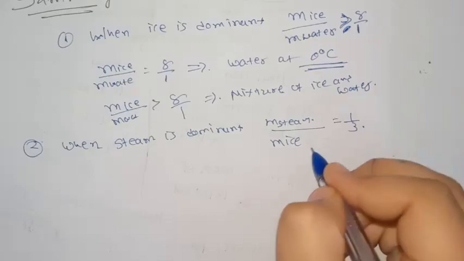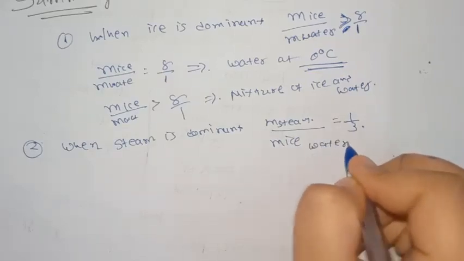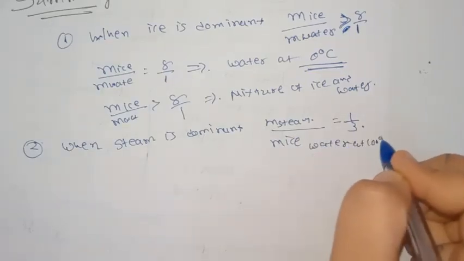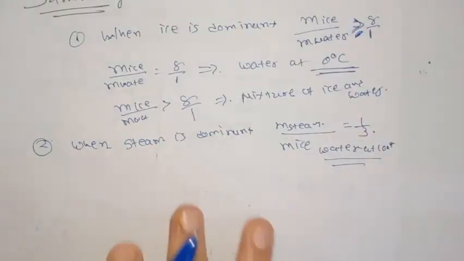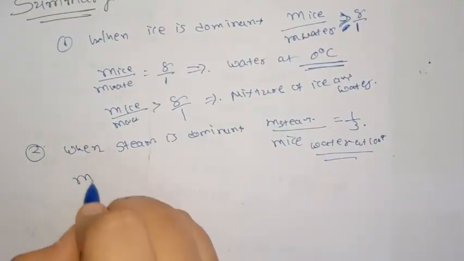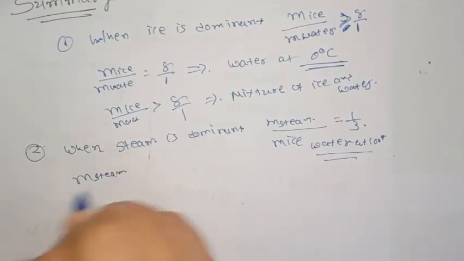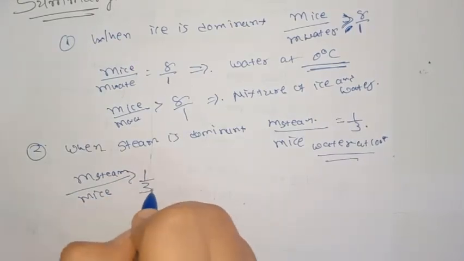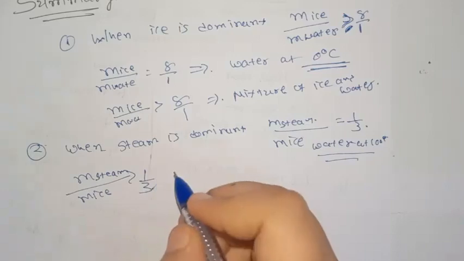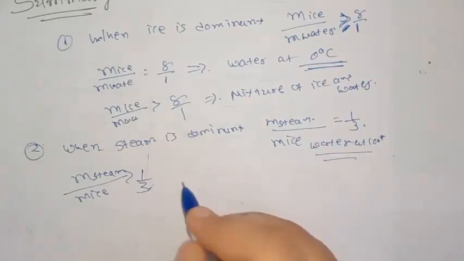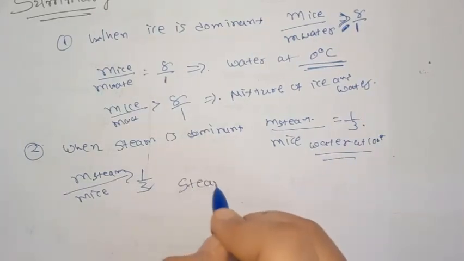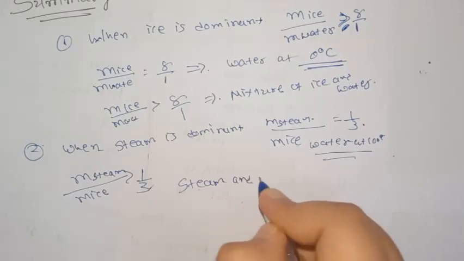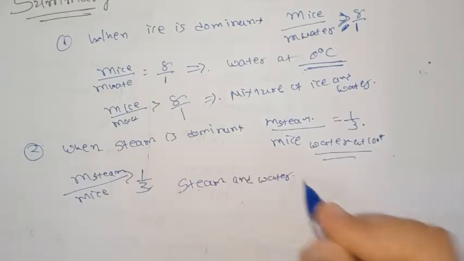So final temperature will be, we have water at 100 degrees Celsius, and when mass of steam upon mass of ice is greater than 1/3, then we will have a mixture of steam and water.